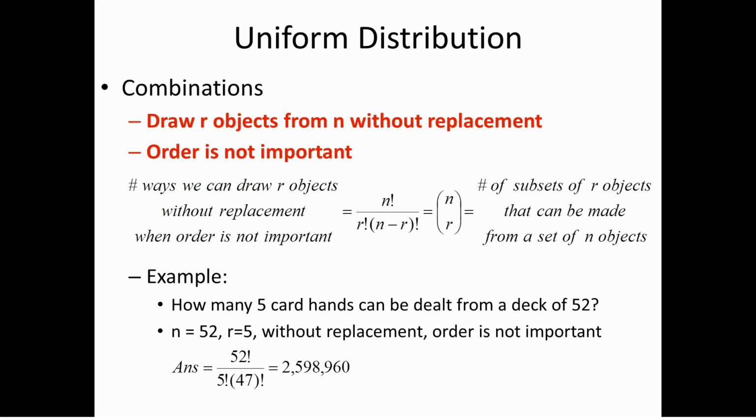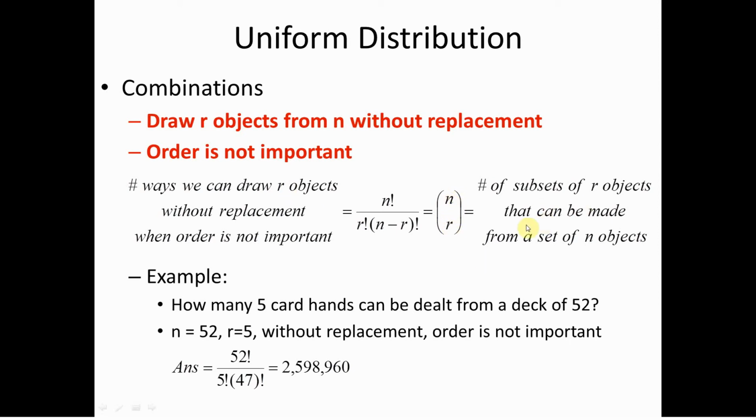And so if we want to ask the question, what is the number of ways we can draw r objects without replacement when order is not important from N objects, it turns out that this is the following quantity: N factorial divided by r factorial times the quantity (N minus r) factorial. And we sometimes use this symbol to represent this quantity. This is called the binomial coefficient. Okay, it's sometimes pronounced "N choose r."